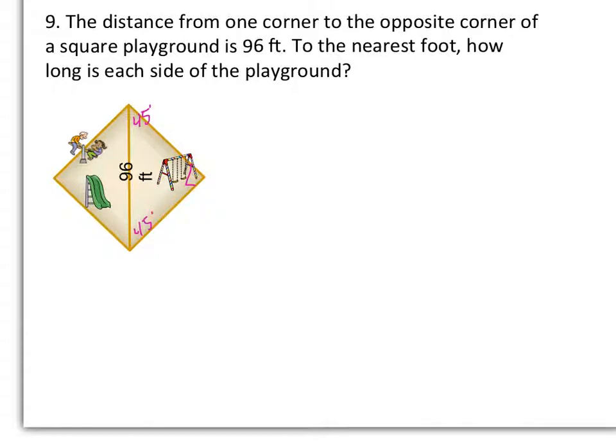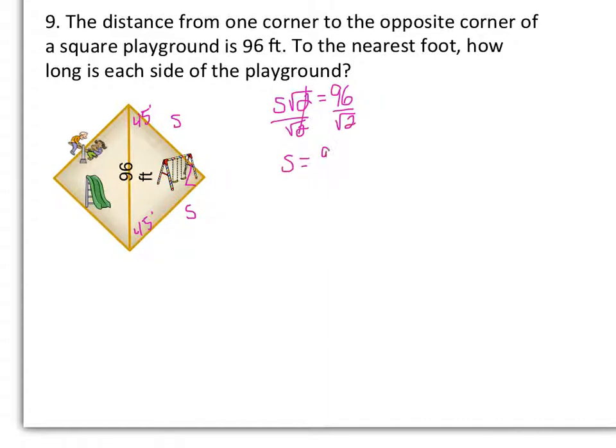So our hypotenuse is 96, which is our side times square root 2. So if I want to solve for my missing sides, we'll call them S, then I need to divide by the square root of 2.